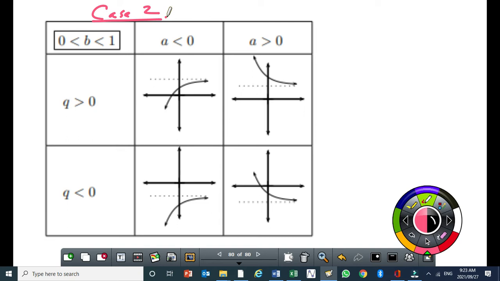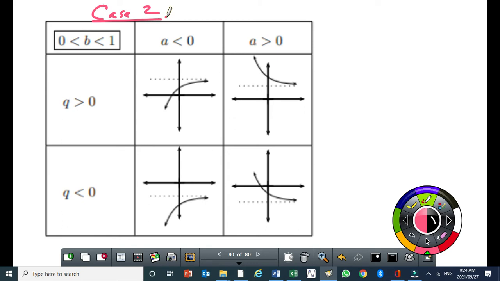Okay? When that happens, if A is negative now, this is actually the opposite of what we were talking about. If B is greater than 1, then when A is negative, we'll always have decreasing functions. But with this case, if B is a fraction between 0 and 1, when A is negative, we are going to have increasing functions. So it's the opposite of when the value of B is greater than 1.